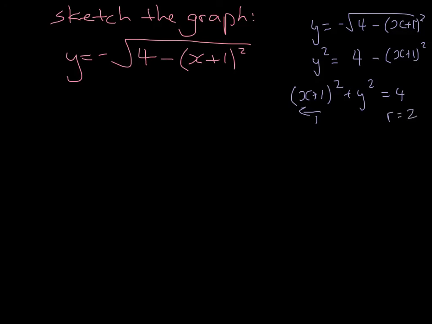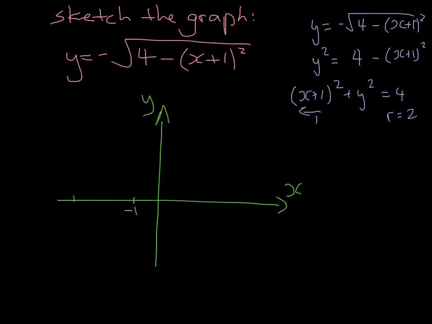So we can now start to sketch what this will look like. x and y at the centre is at x equals -1, has a radius of 2, so it will come through to -3, and -1 plus 2 will take us to +1.